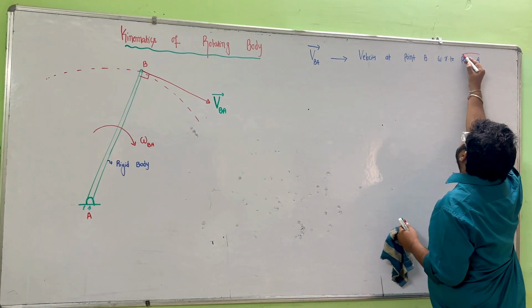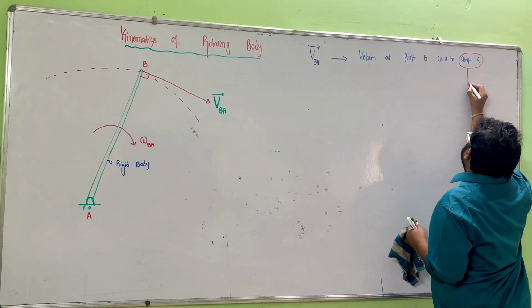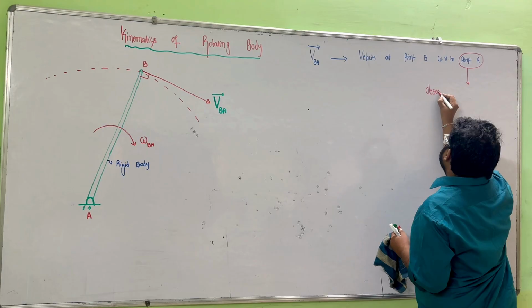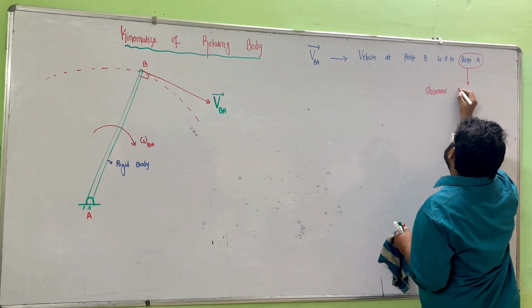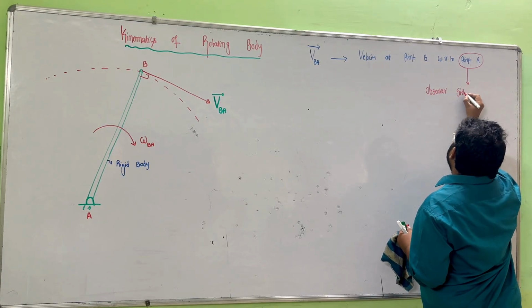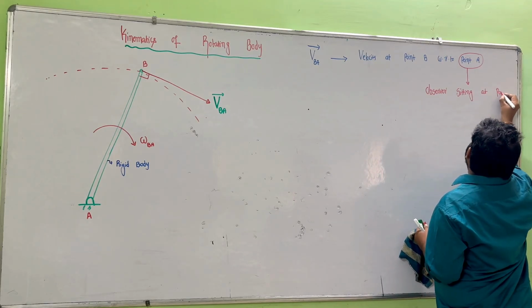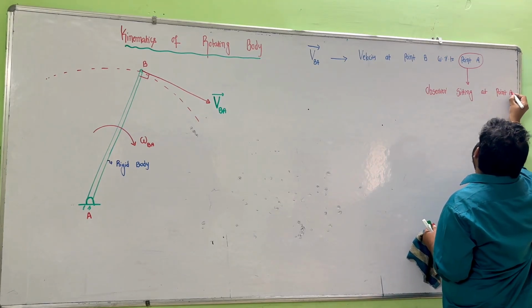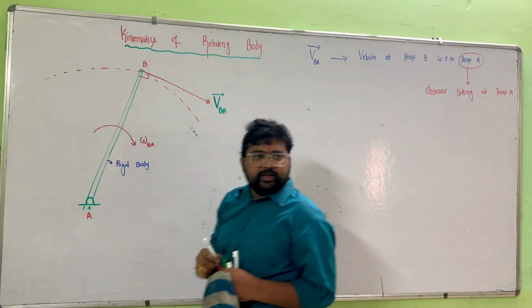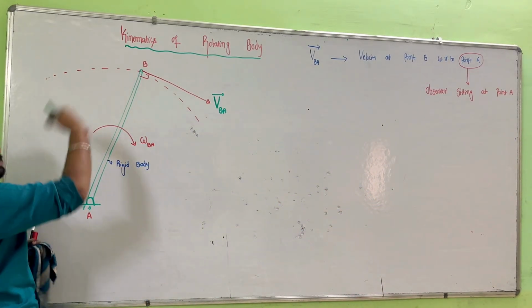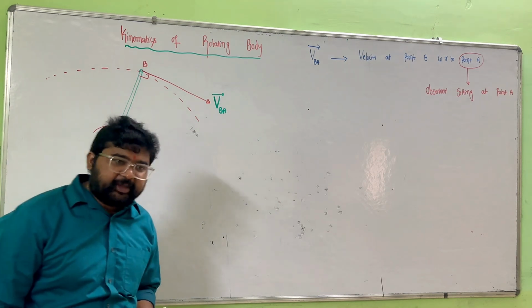Velocity of point B with respect to point A means an observer sitting at point A is observing the motion of point B. Clear?